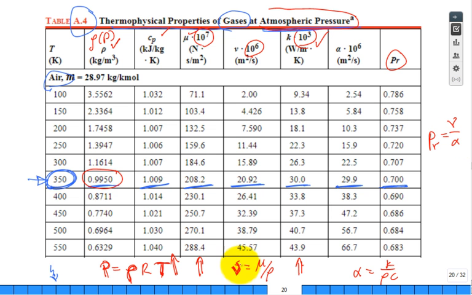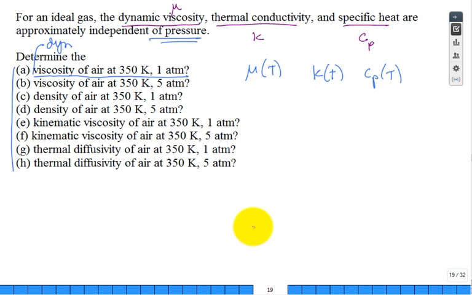We just looked at nu, that's equal to mu over rho, and then alpha is K over rho C. Rho's cancel. Guess what the Prandtl number is? Essentially independent of pressure. Okay, so good. Let's back up now. And you could say, just give me the dynamic viscosity of air at 350 Kelvin. What I'm going to do is open up now a numeric response.